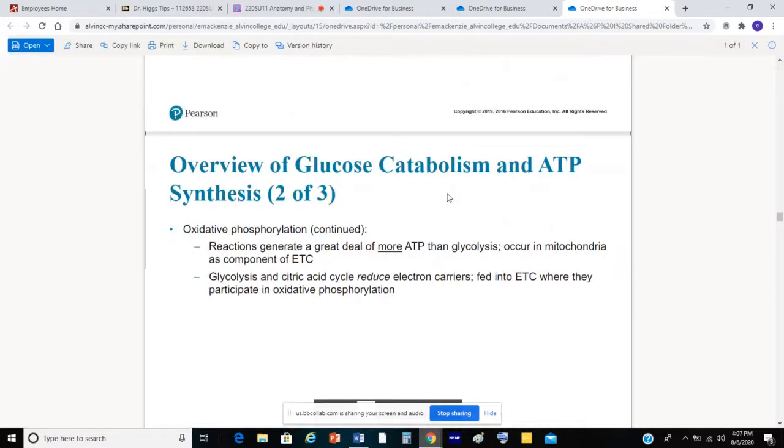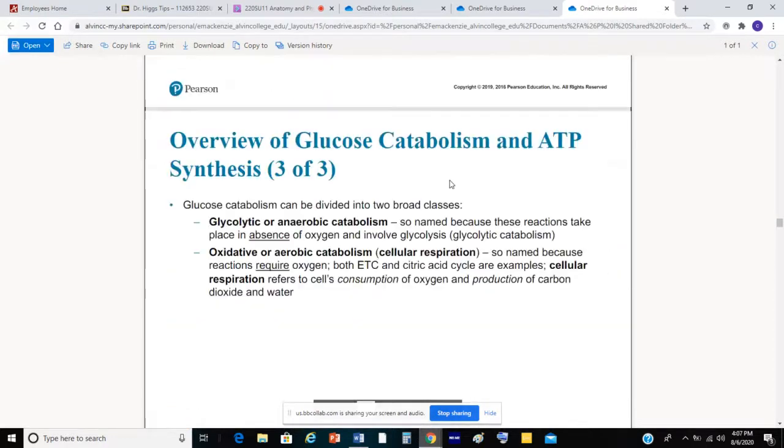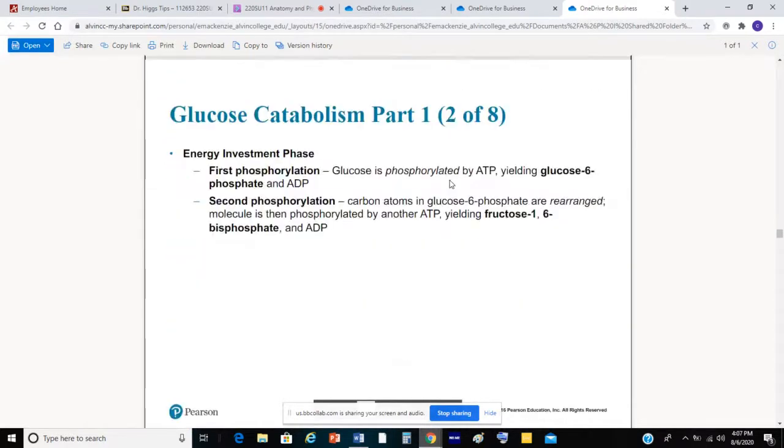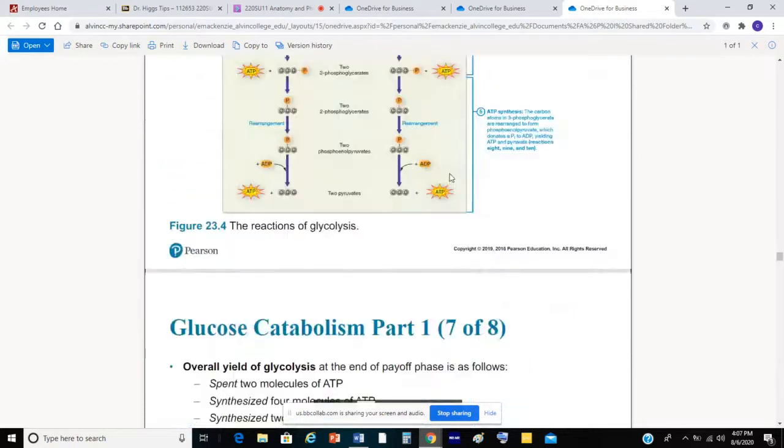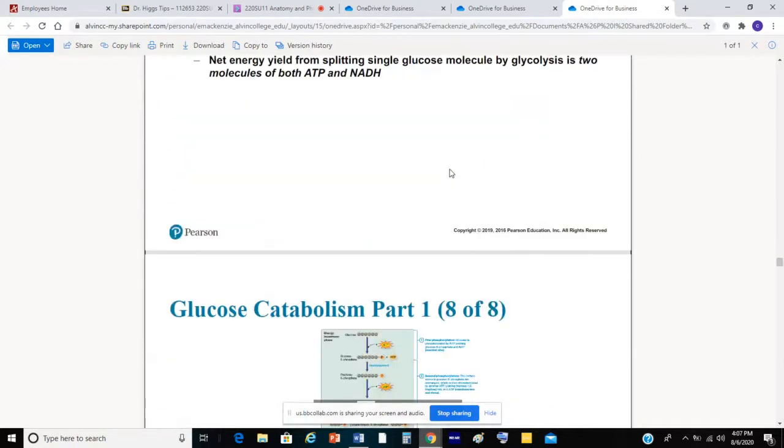So you got to focus on what do you start off with and what do you end up with in each of these little steps. And luckily, your textbook has some summary tables and some summary charts we could look at.